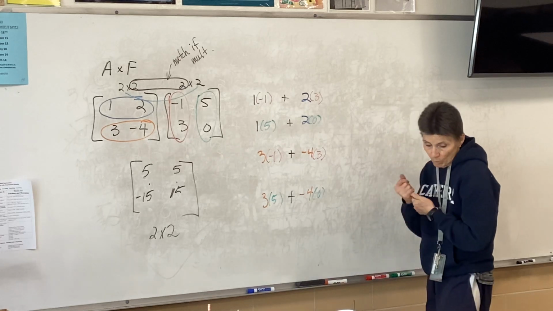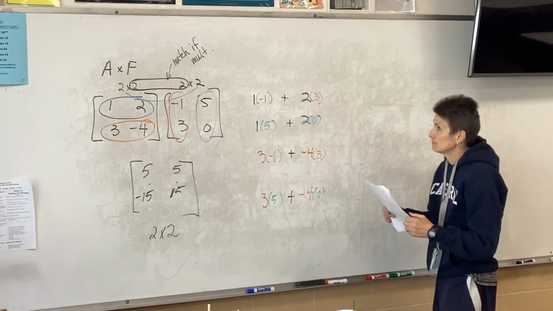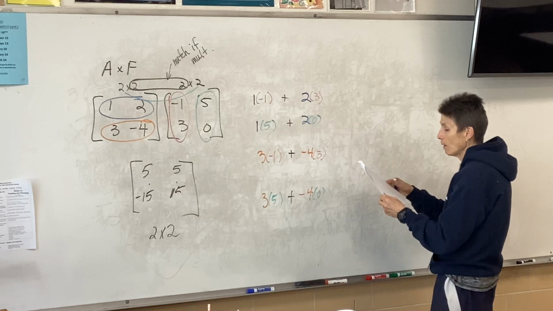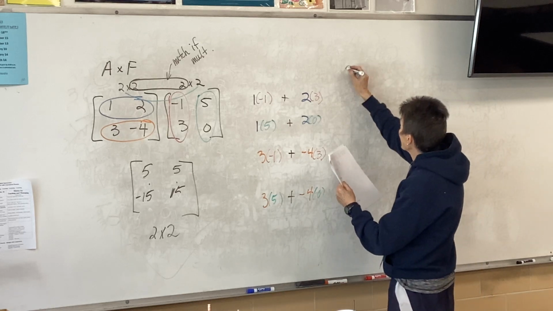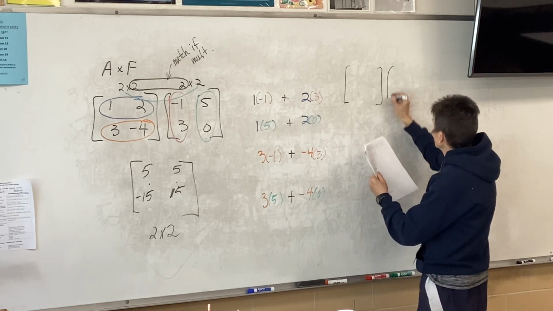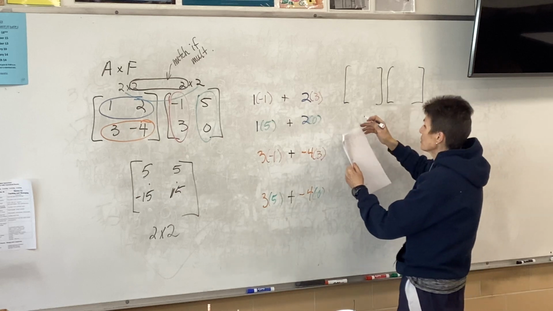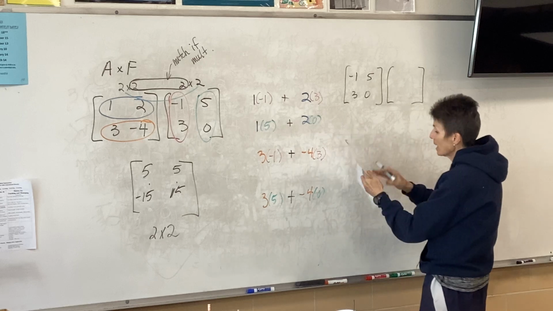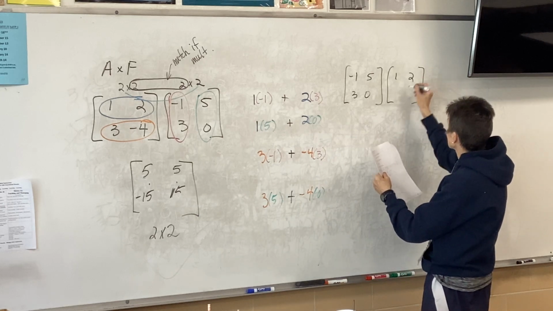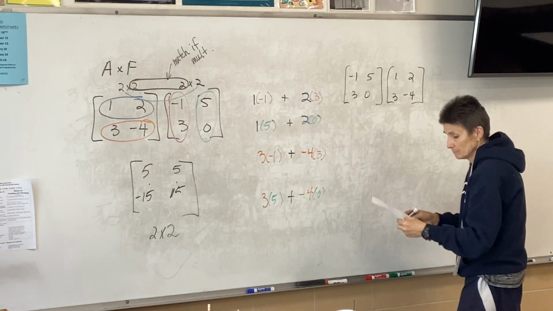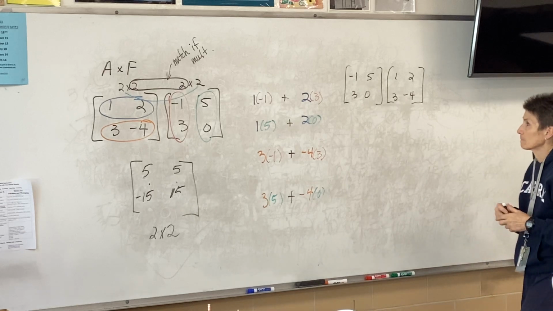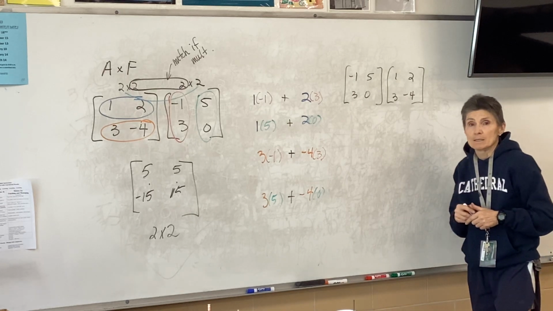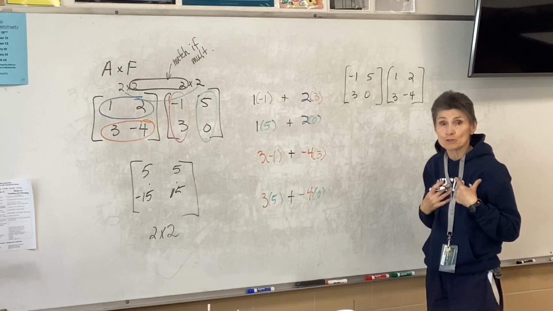Okay, we're going to do one more. We're going to do B, which is exactly what we just did, except it's in the other order. So it's F times A. Now, first of all, I'm going to check to see if it's doable.